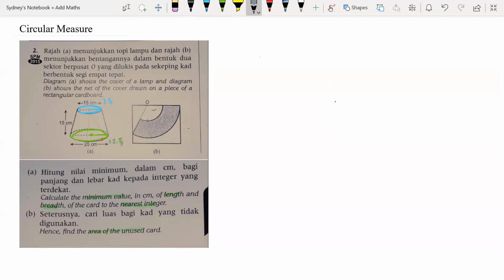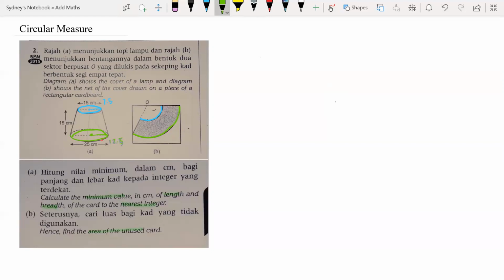And what other things do we know? We know that the circumference of the small circular surface, when we open up the lamp cover in the net, will form the small arc of this small sector, whereby the big circumference will form the big arc of the big sector.